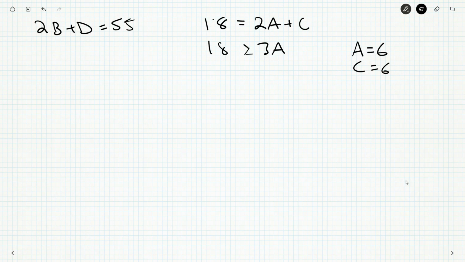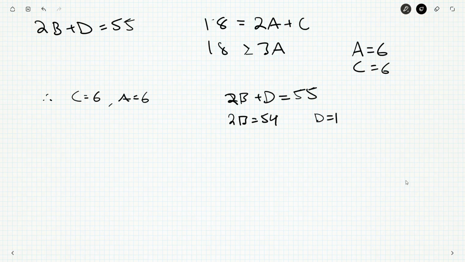A could also be 5, but then C would have to be 8, and that's outside the special pricing range. So C is 6, A is 6, and 2B plus D is equal to 55. Well, we can't have 2B equal to 55, but we could have 2B be equal to 54, and D equal to 1. That's as small as we can get it.